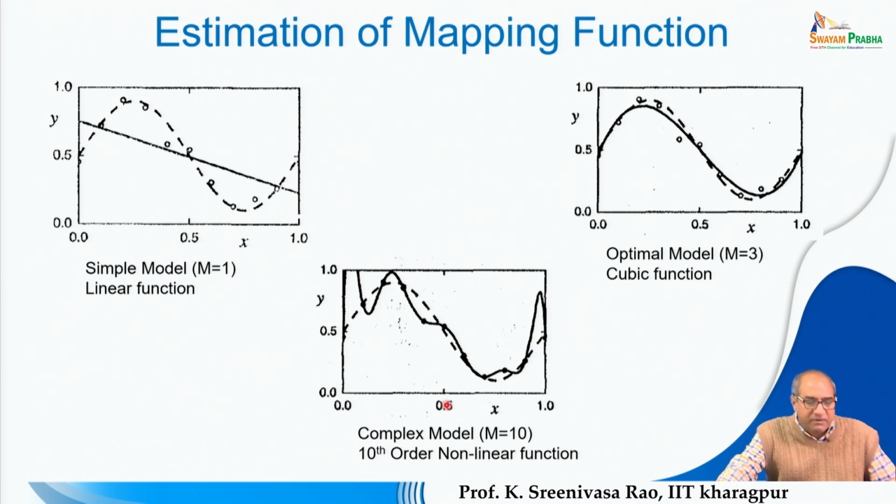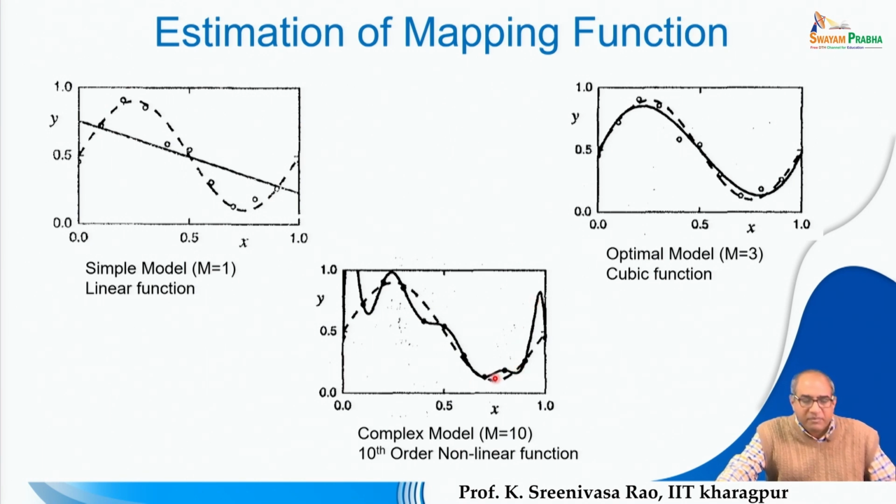At the other extreme, with higher order and more degrees of freedom, the error will be 0, but it overfits the data. The function passes through the data points, but its overall shape has become very oscillatory, with a lot of transitions, and it appears very noisy.